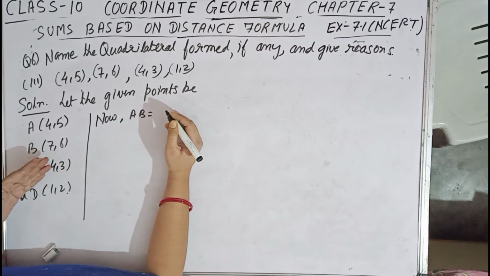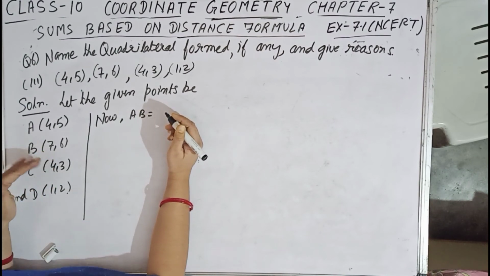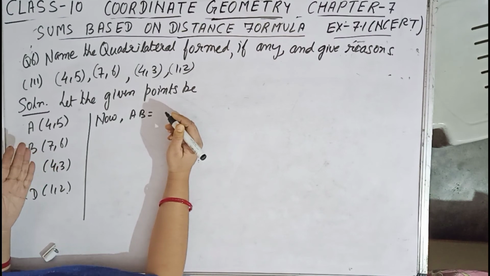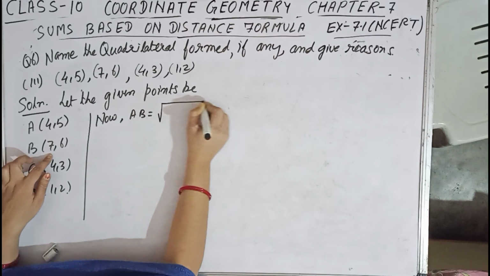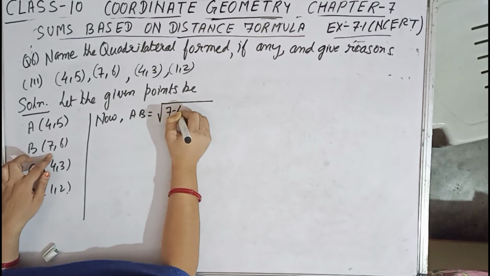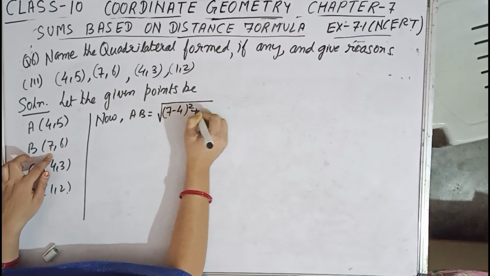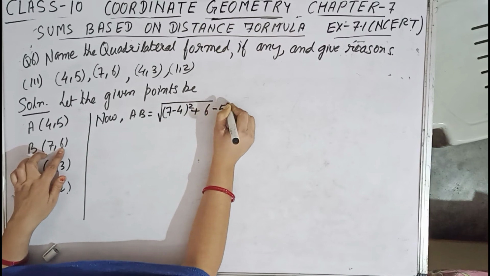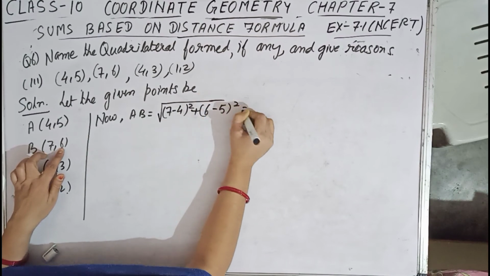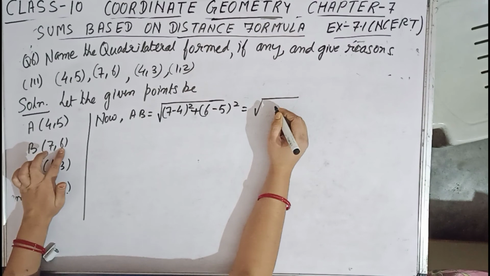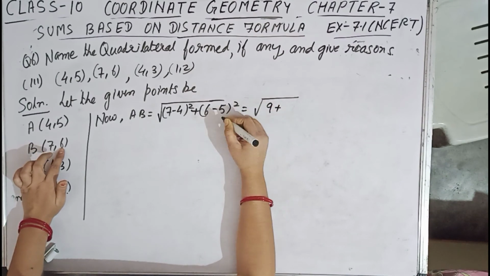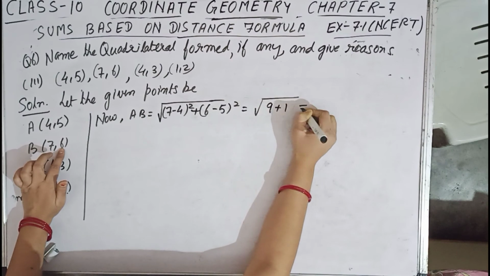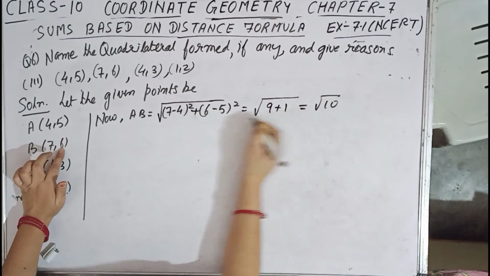If you are taking x1 minus x2, take y1 minus y2. If you are taking x2 minus x1, take y2 minus y1. So AB equals under root of (x2 minus x1) whole square plus (y2 minus y1) whole square. So this will be 7 minus 4 is 3, 3 square is 9, and 6 minus 5 is 1. So this will be equal to under root of 10.